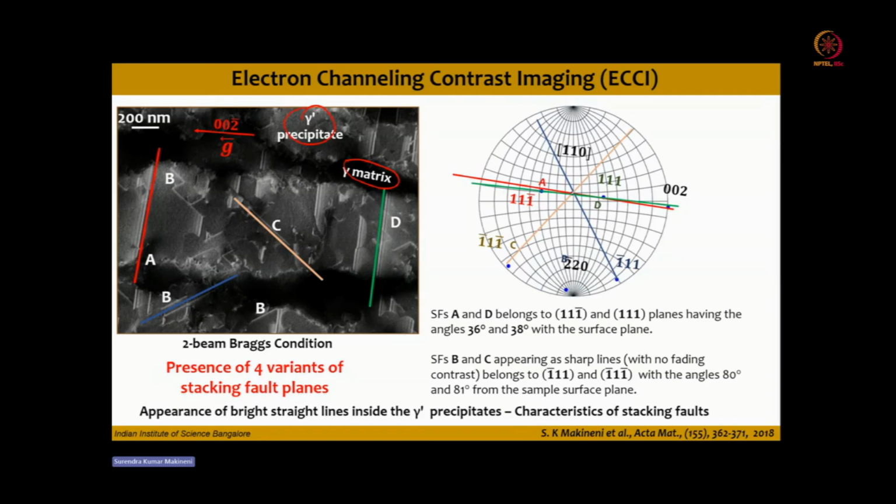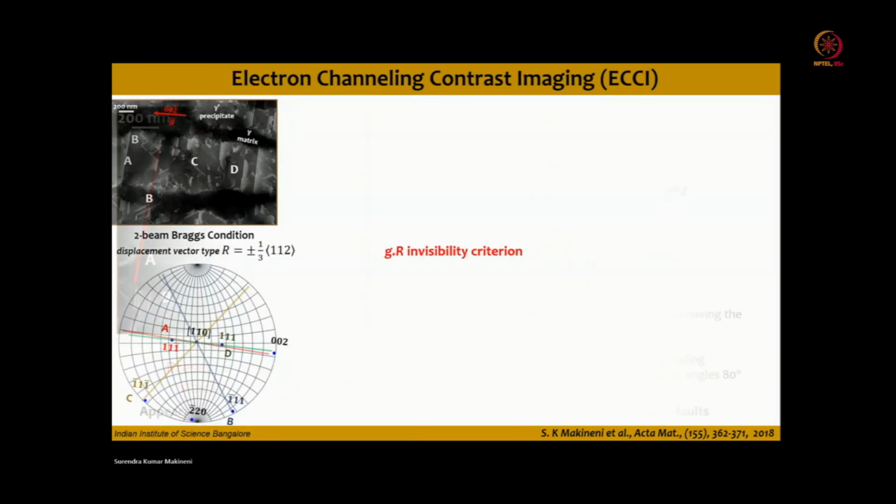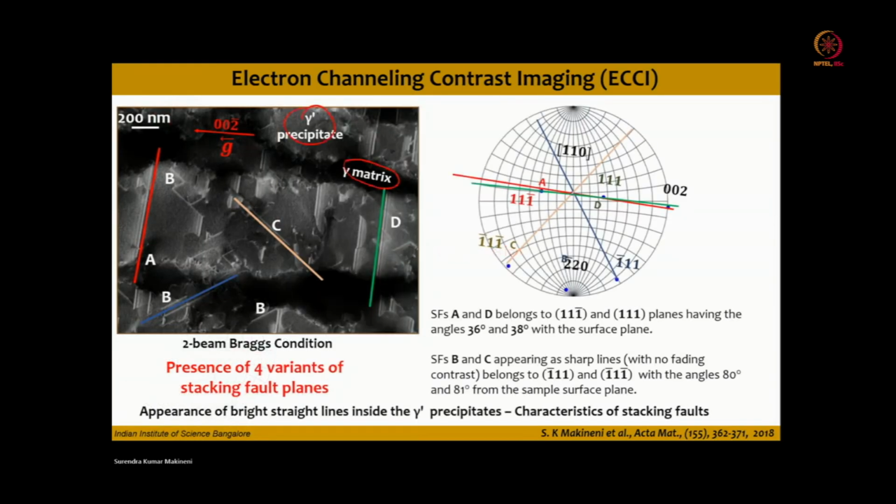Stacking faults A and D belong to 1 bar 1 1 and 1 1 1 planes, having an angle of 36 and 38 degrees with the surface plane. So you can measure the angle of the stacking fault from the sample surface.